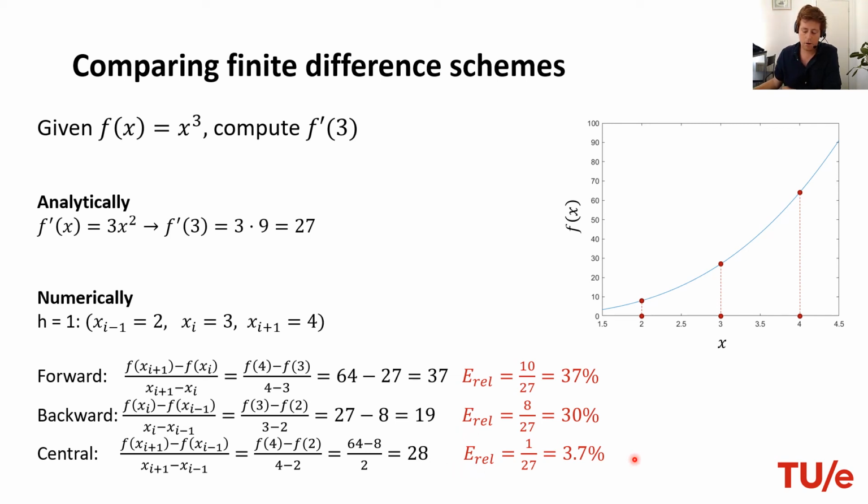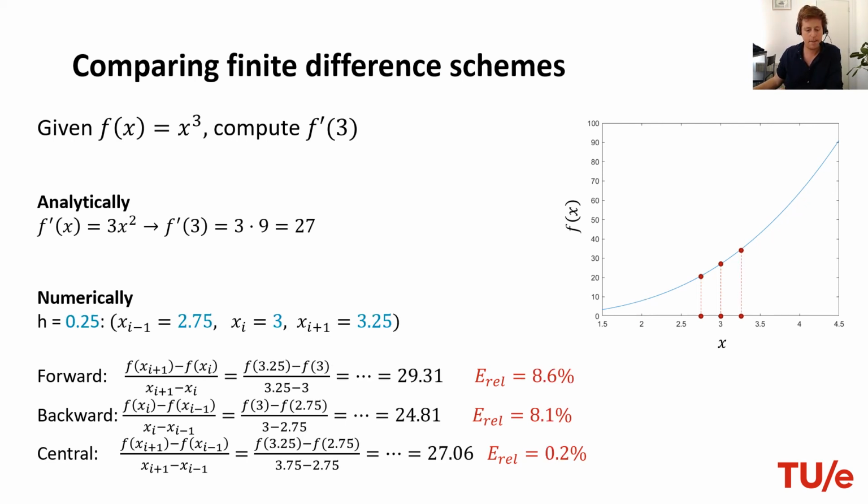Now, I already mentioned, if you want to really approximate the limit definition of a derivative, we should take h sufficiently small. And an h of 1 is typically not nearly small enough in order to approximate this limit definition in an adequate manner. So what we can then do is to reduce h. So let's, instead of 1, use 0.25.